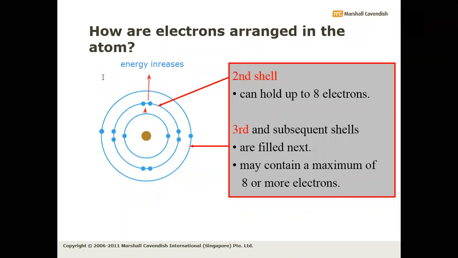So you know that the rule of filling the shells is that electrons enter into the lowest energy shell first, and then progressively fill up the higher energy shells. This is what you have learned in O level. This is nothing new. But then we will build on the new concepts based on revising these concepts of your O levels.